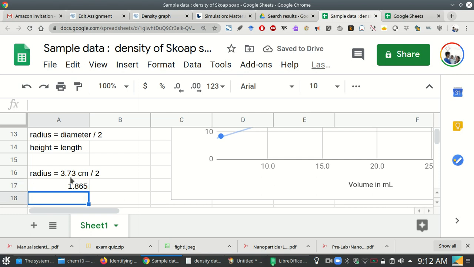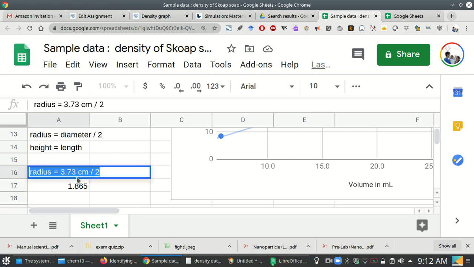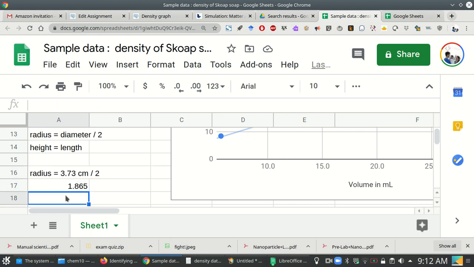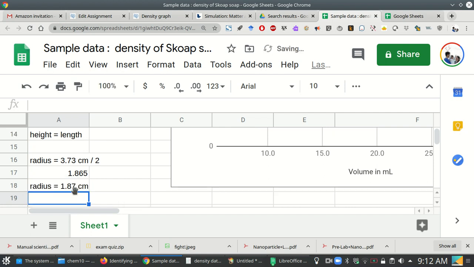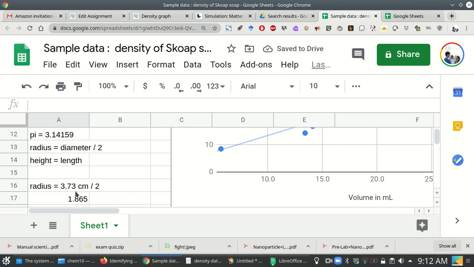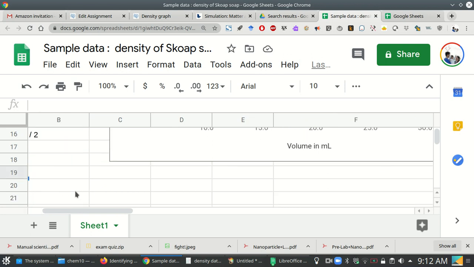Okay, so let's go back to the diameter being 3.73 centimeters, and the radius is 1.865. But see, that's not what you write down. The radius can only have 3 significant figures, so you have to round it yourself, you, the human being. So that is the radius, and you will do your calculation of the volume using that rounded radius, right?